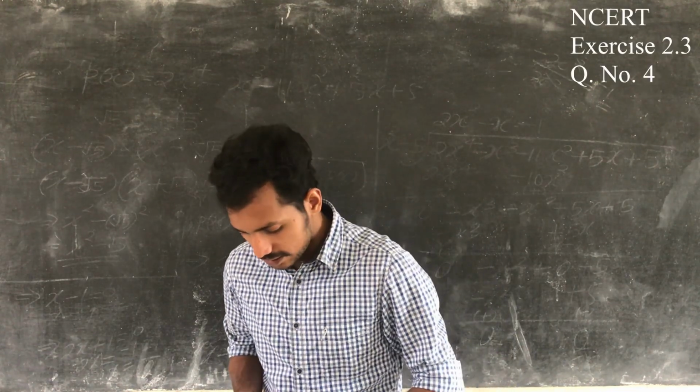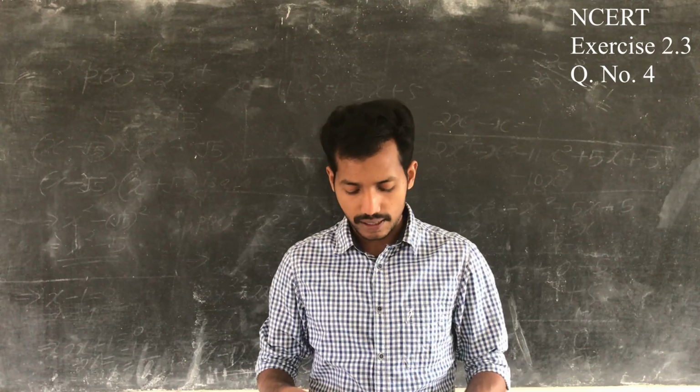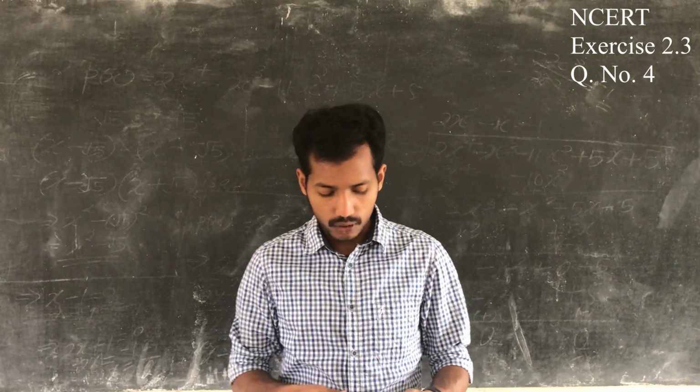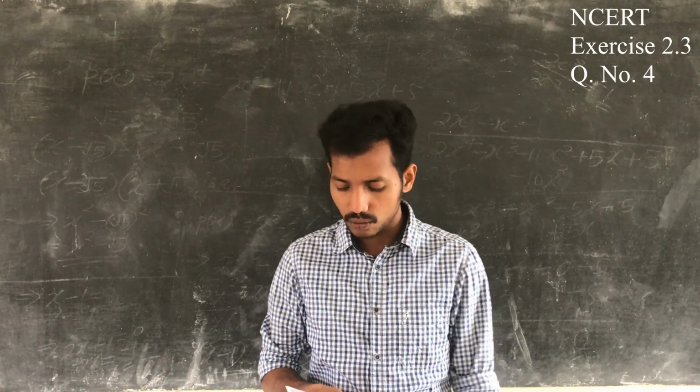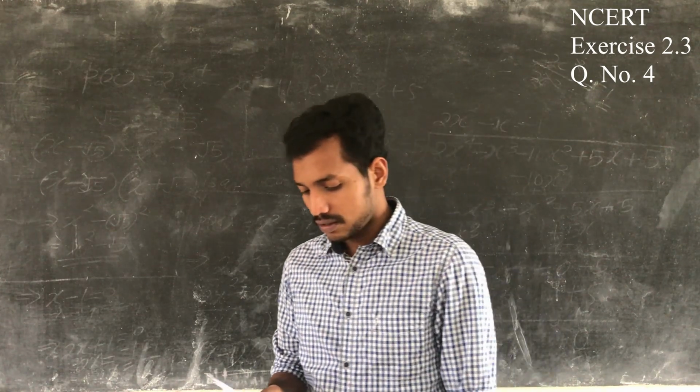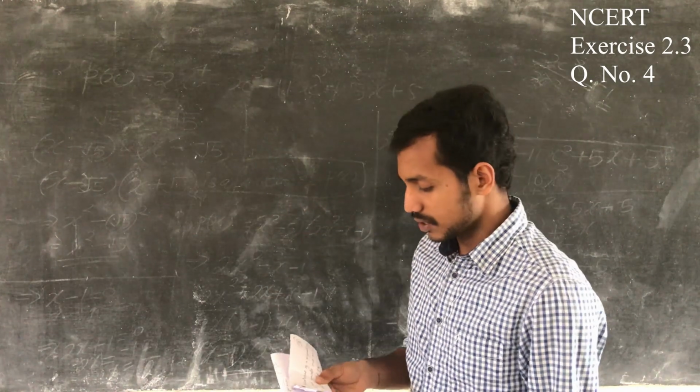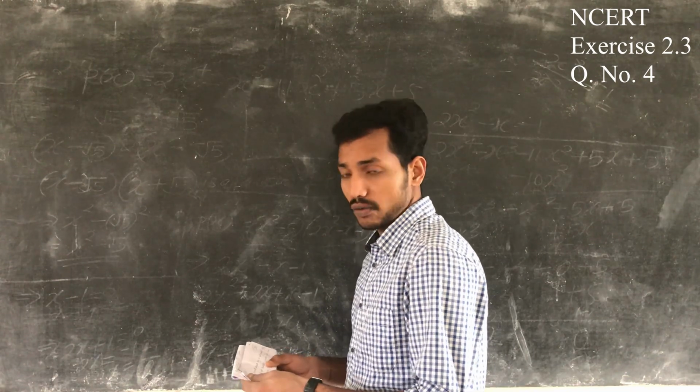Exercise 2.3, question number 4. On dividing x cube minus 3x square plus x plus 2 by a polynomial g of x, the quotient and remainder were x minus 2 and minus 2x plus 4 respectively. Find g of x.